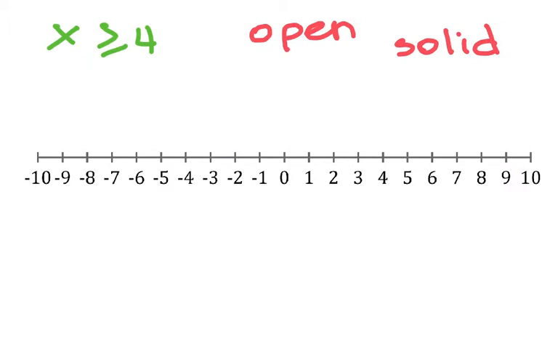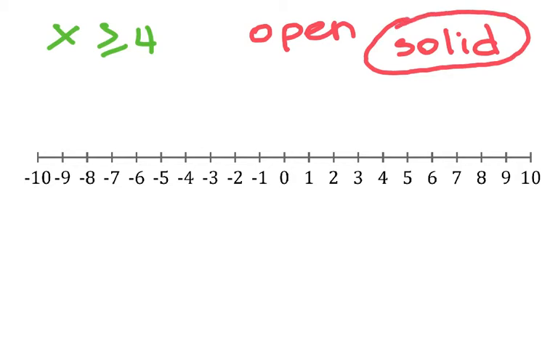So this time when you look, you have two choices, either open or solid. Now the reason why I like using the word solid is that when you go to graphing inequalities on the coordinate plane, the word solid is more appropriate. And I like solid anyway. X is greater than or equal to 4, so it is solid.